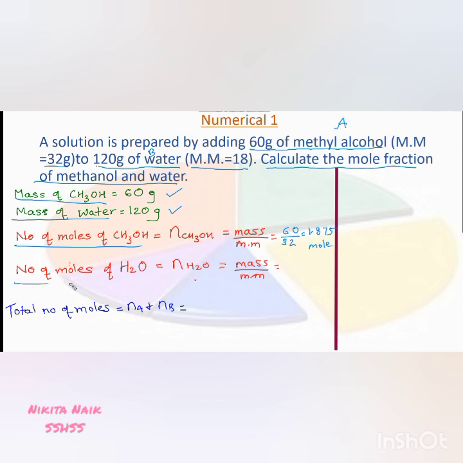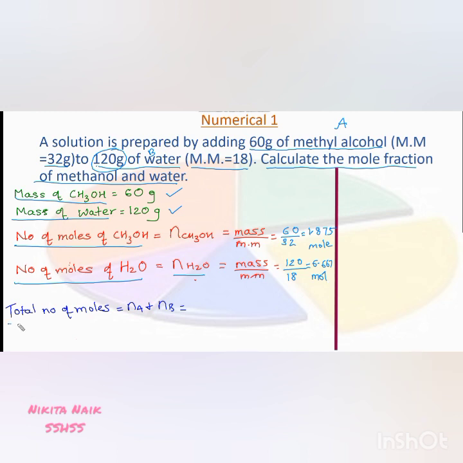Second one is number of moles of water. It is given by N of H2O, mass divided by the molar mass. Mass of water is given as 120 upon molar mass 18, which gives us 6.667 mole.